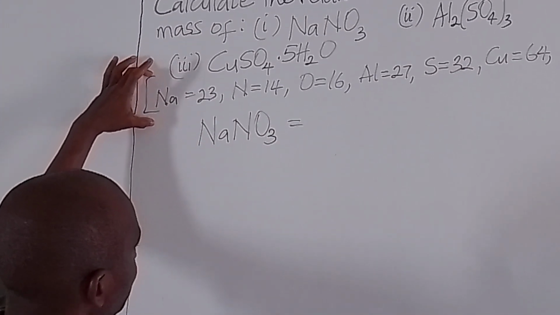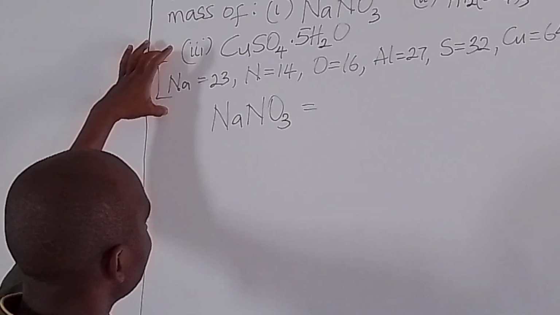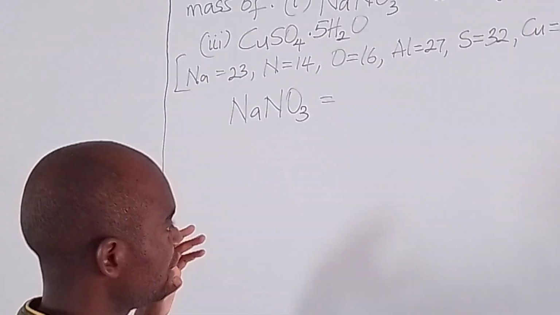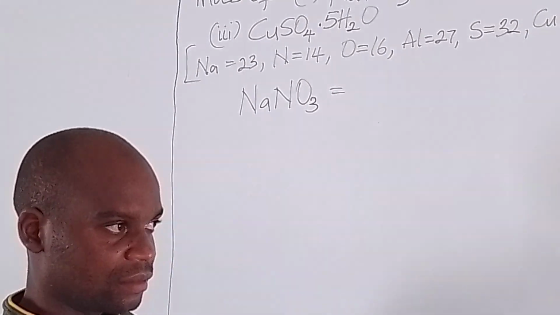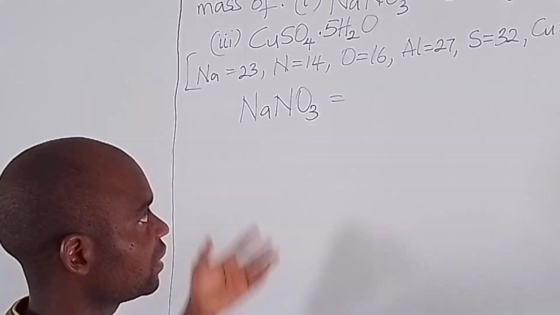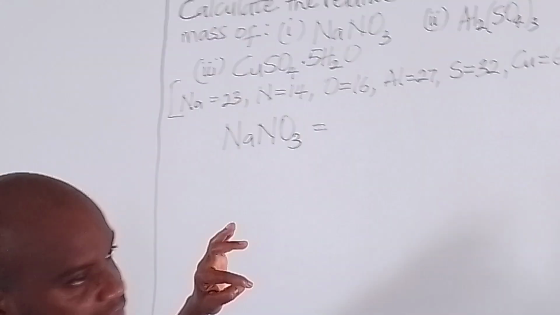Okay, so what we have inside this bracket represents the relative atomic mass of elements that make up these compounds.